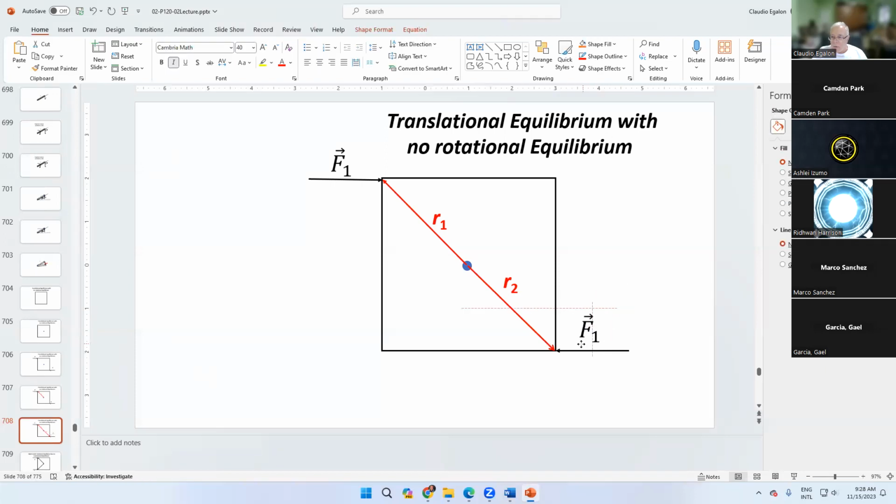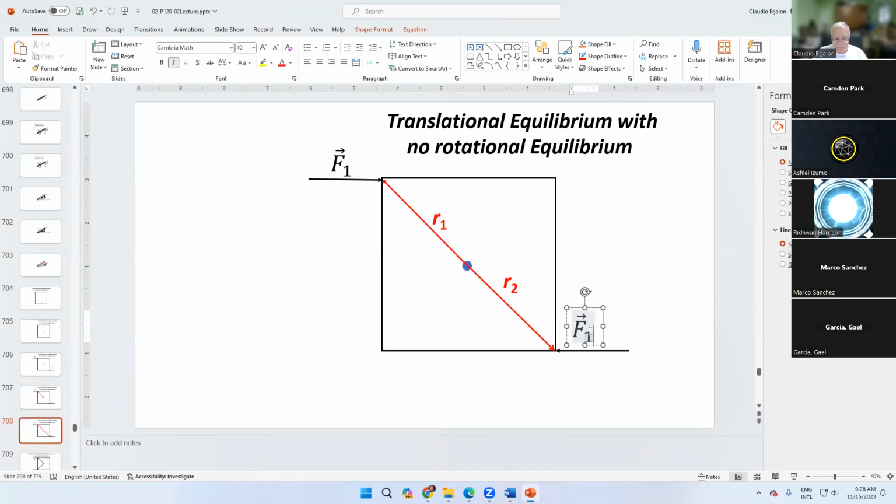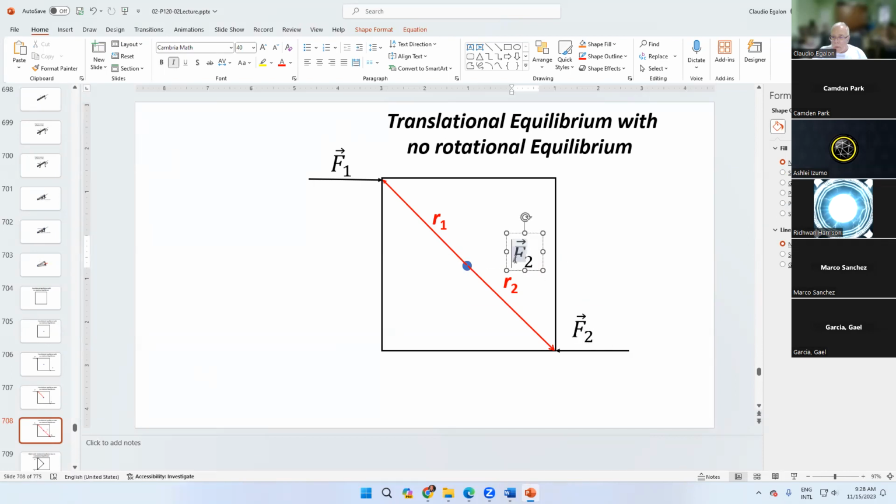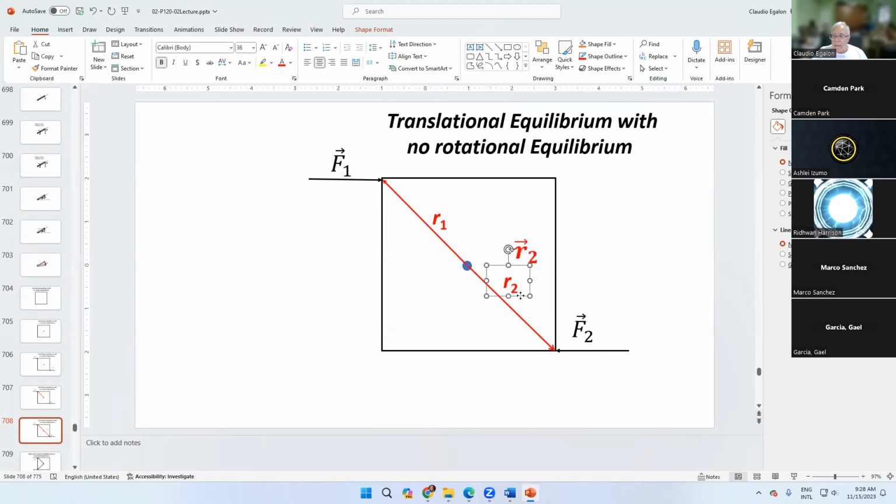Since it's in translational equilibrium, I'm going to do the same for R1 and R2. I'm doing all of that just to get the right vectorial notation.